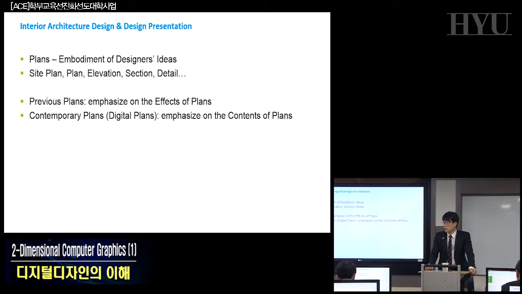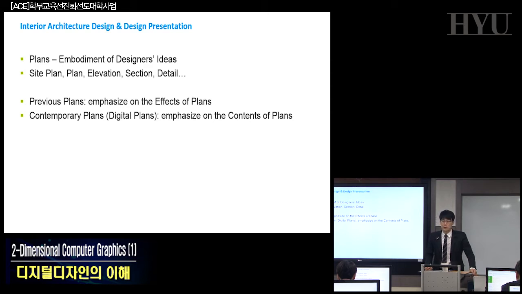But nowadays, contemporary plans, so-called digital plans, digitally generated plans, emphasize the contents of the plans. In other words, you don't need to take care of the thickness of lines, or how to draw lines in parallel with the same distance in an array, something like that. No need to take care of that because computers will generate without any errors. If you assign the same thickness to the entire lines you draw on your plan, they all must be the same.